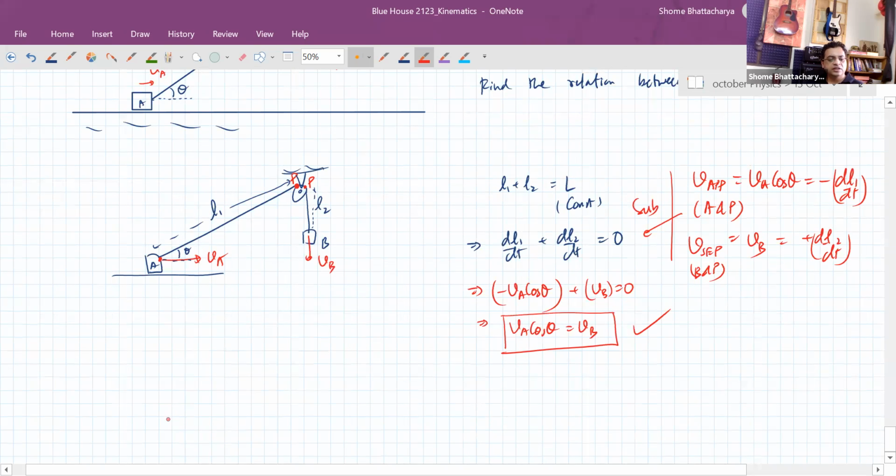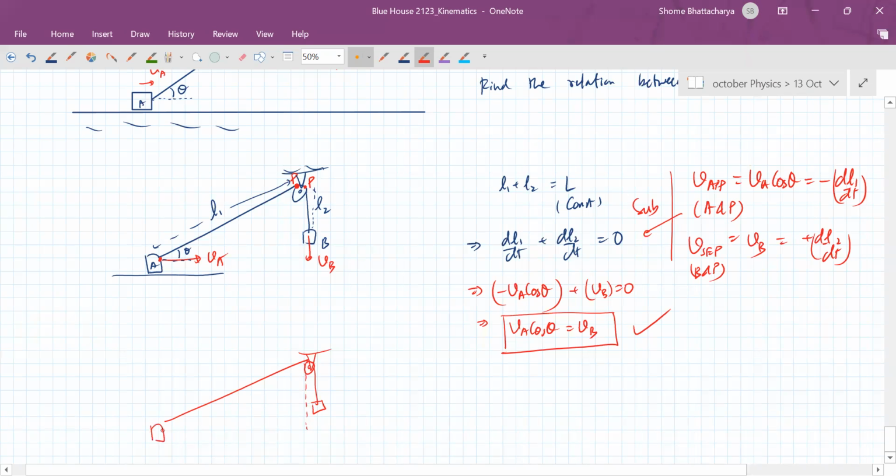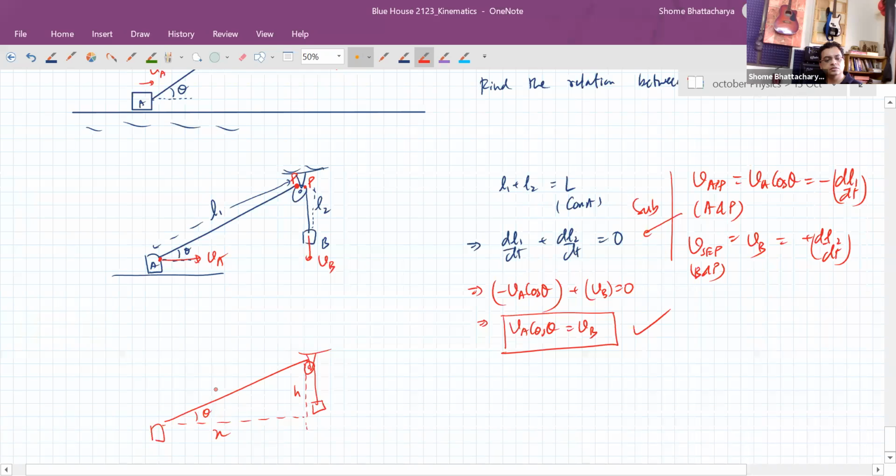So, instead of taking X and Y and things like that, the other approach of doing this question would be that you take this as some fixed height H. If this is L1, this is L2, you take X square plus H square is equal to L1 square.